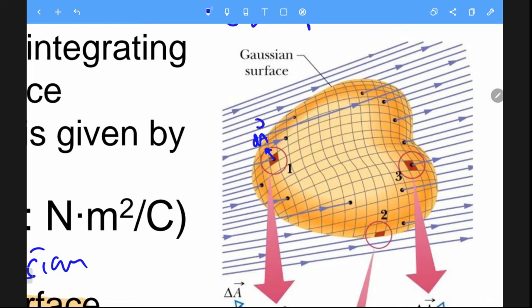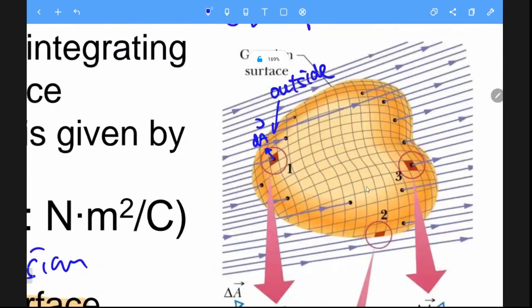Remember, in calculus or physics, we always define the area vector pointing outside from this closed surface bounded region.